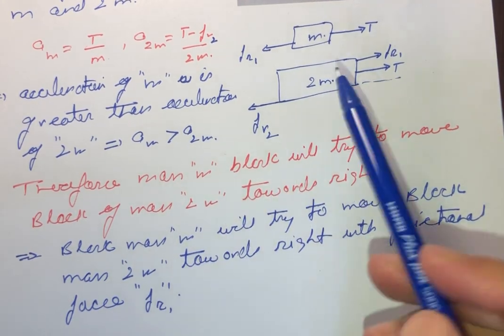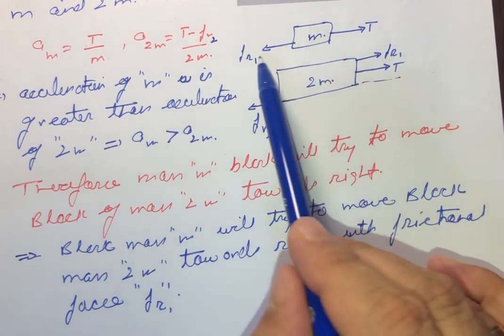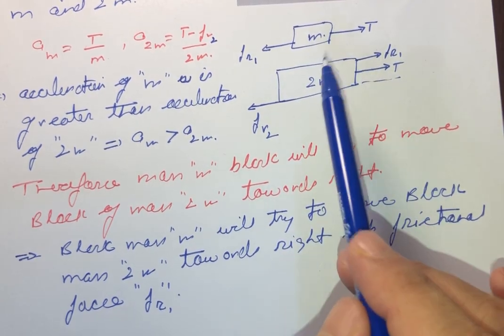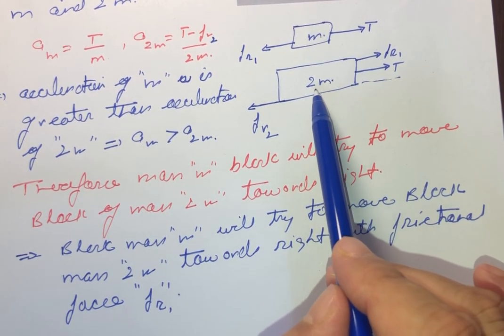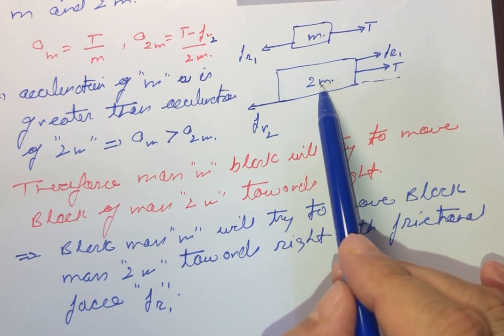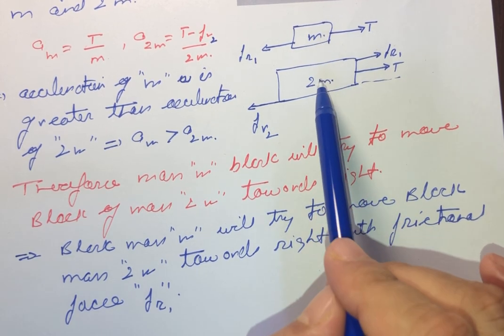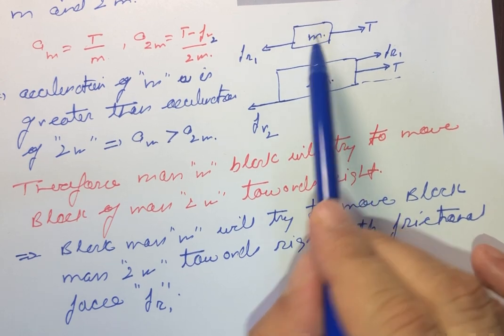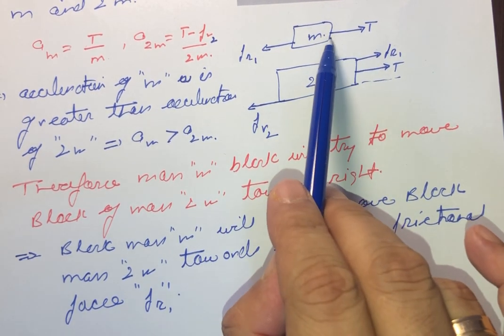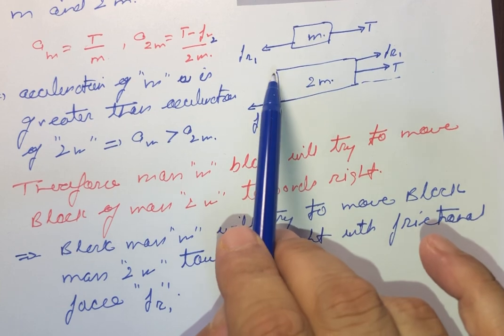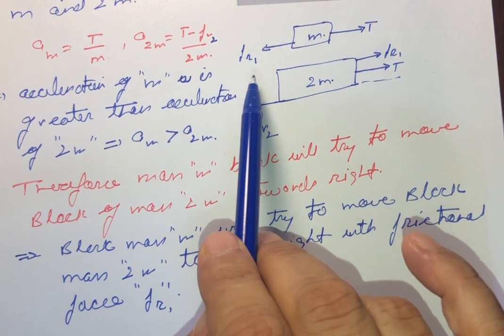So usually this helps in defining the direction of the frictional force. If the acceleration of mass 2m were higher, then this 2m will try to force mass m towards the right. So now FR1 here will be coming, and equal and opposite there will be FR1 at 2m.